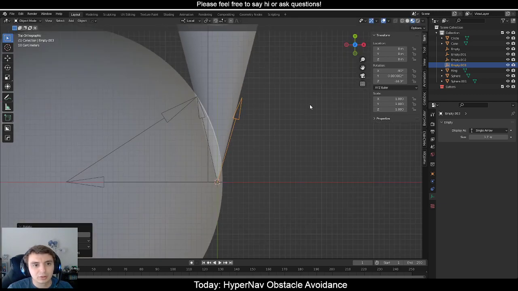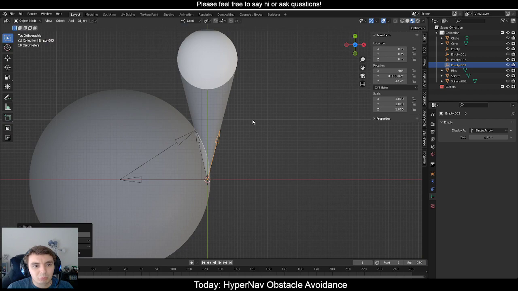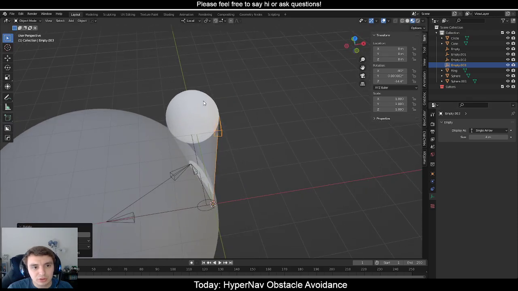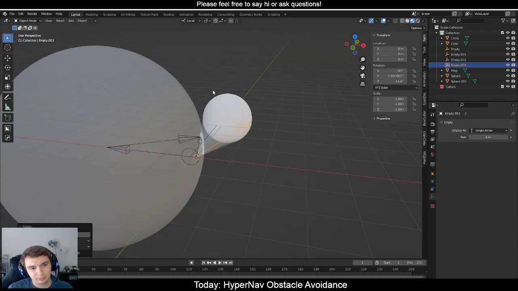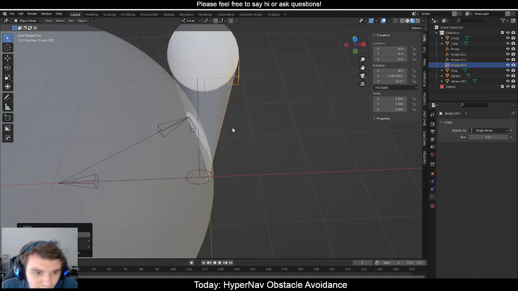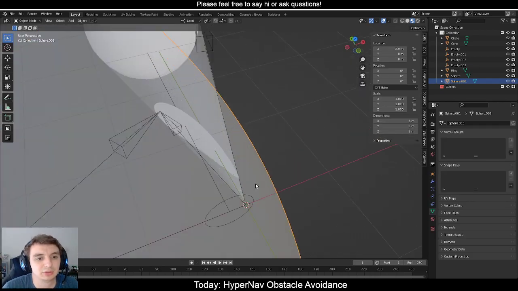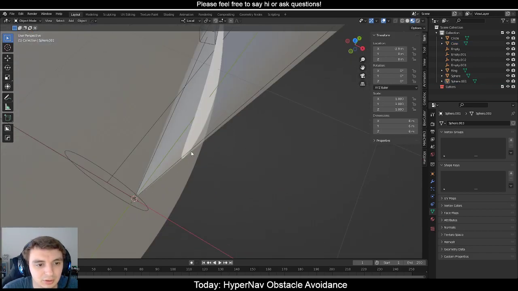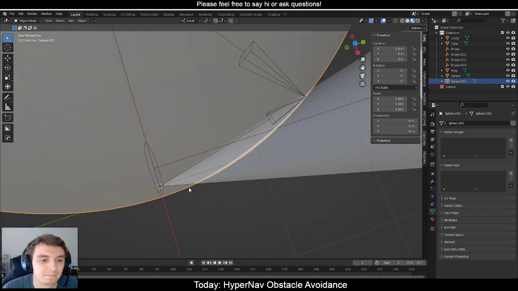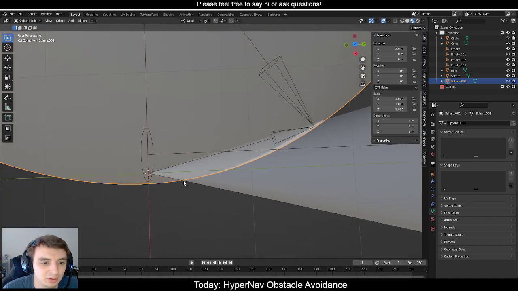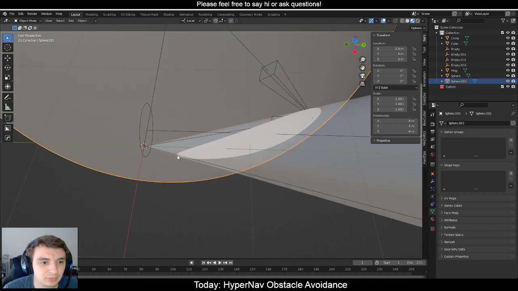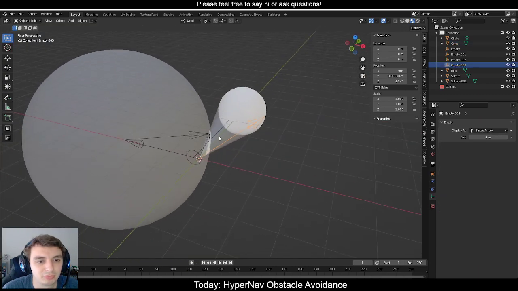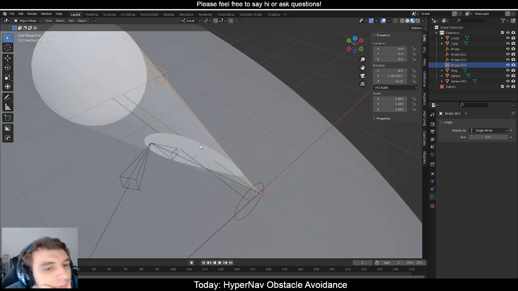So if I take this vector, which points to the edge of the velocity obstacle, and intersect it with this sphere, that will give me this point. Well, that will give me a point on this sphere.